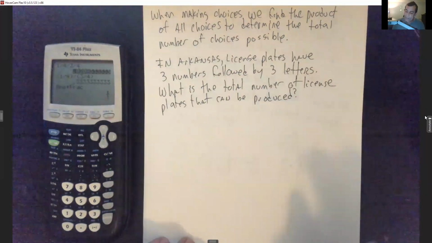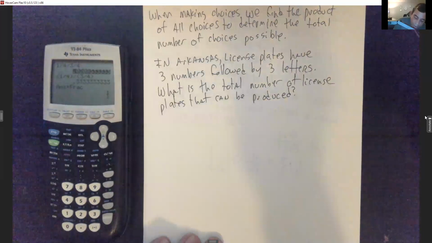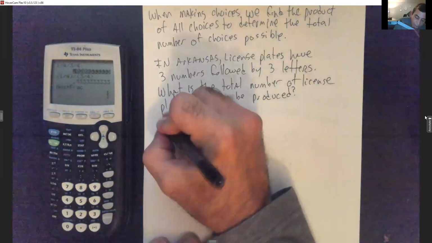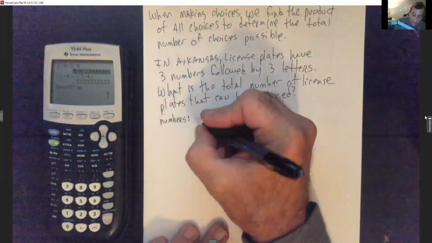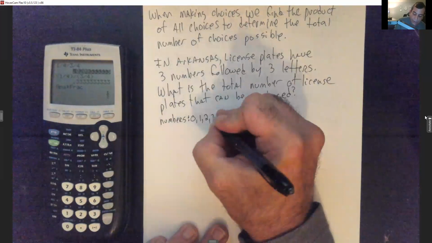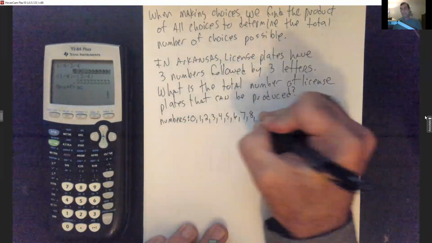So I'm just looking to see how many possibilities do they have using 3 numbers and 3 letters. So what we got to figure out is how many numbers would be possible. Numbers on a license plate can start at 0 and go all the way to 9.